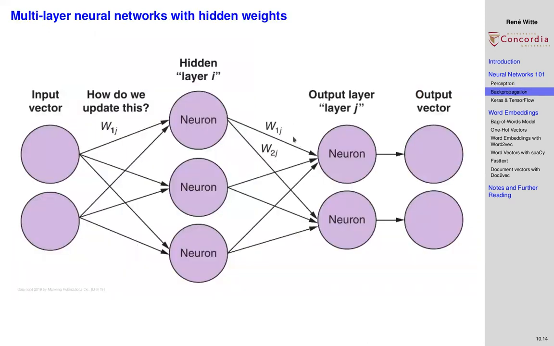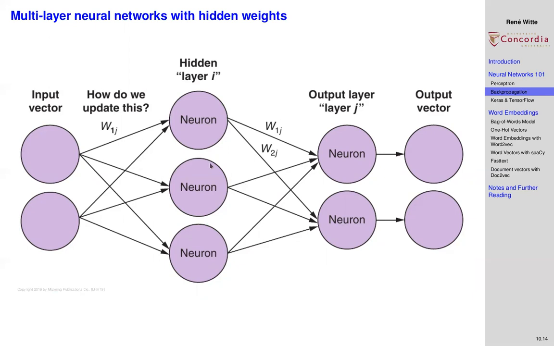So how can this look? Again, we have an input vector here, in this case 2-dimensional, and we have an output vector. In this case, it's also 2-dimensional, but it could also be 3 or 1-dimensional. And the new thing is that we now have a layer of neurons in between the input and the output layer. And whenever you have a layer in between, this is called a hidden layer.